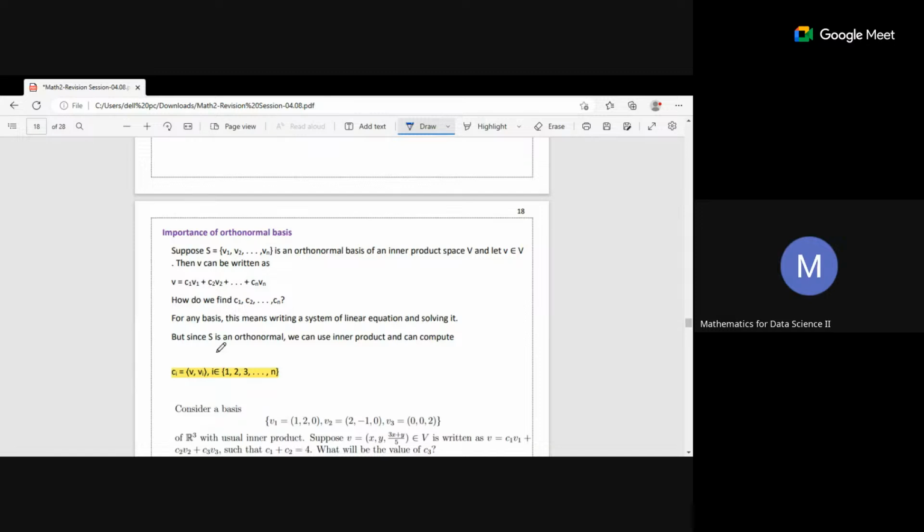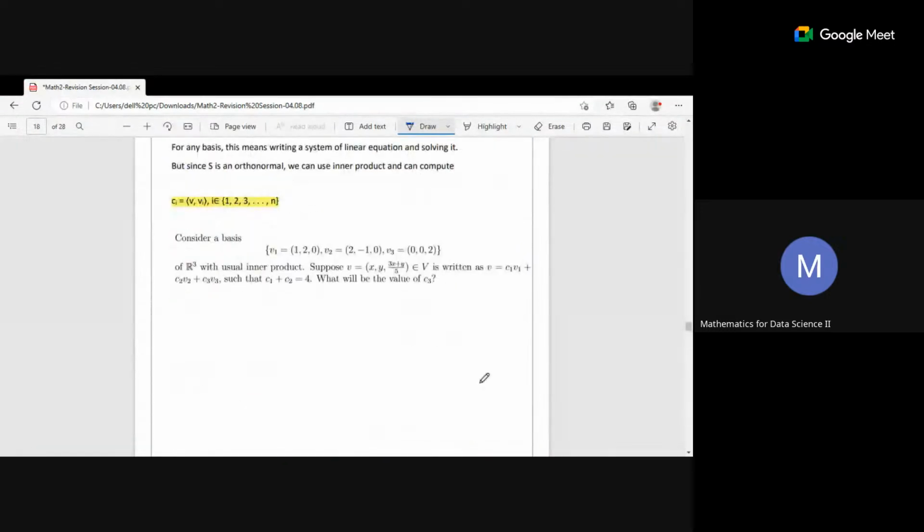I'm explaining this in the next example. Consider a basis V1, V2, V3 of R3 with the usual inner product. Suppose your V is an element defined as x comma y comma (3x plus y)/5, and you are writing this V as C1 V1 plus C2 V2 plus C3 V3, where C1 plus C2 is given as 4. What will be the value of C3? First of all, what is the observation about your V1, V2, V3? They are orthogonal.